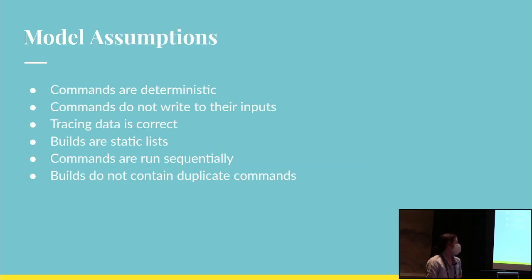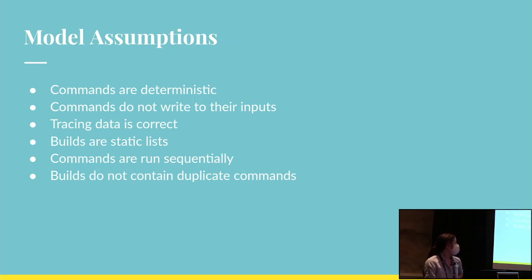So some of the assumptions that our model makes, some of these assumptions are just for simplification purposes, and some of them we make because Rattle, our main focus, makes these assumptions in its own build. So first we assume commands are deterministic, and we also assume they don't write to their own inputs.